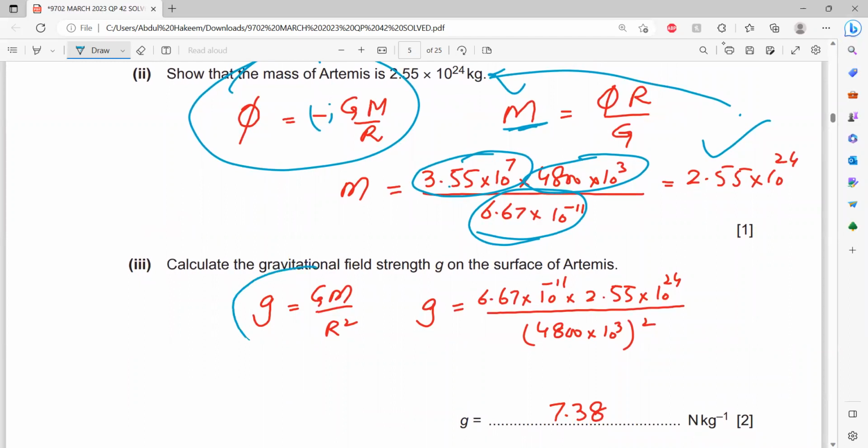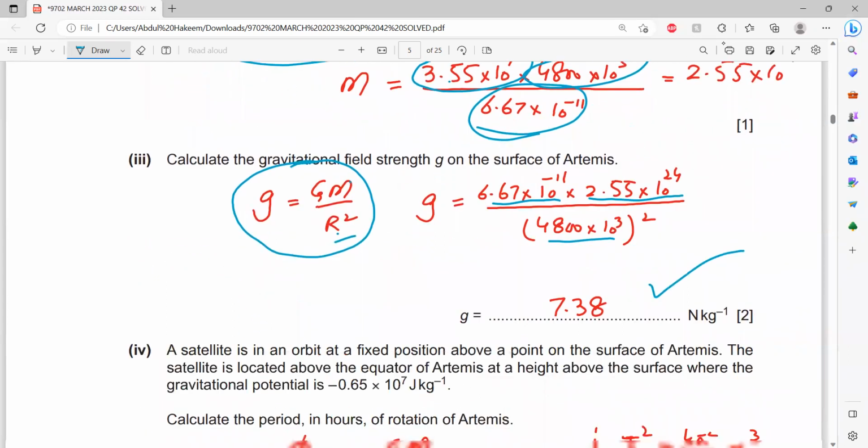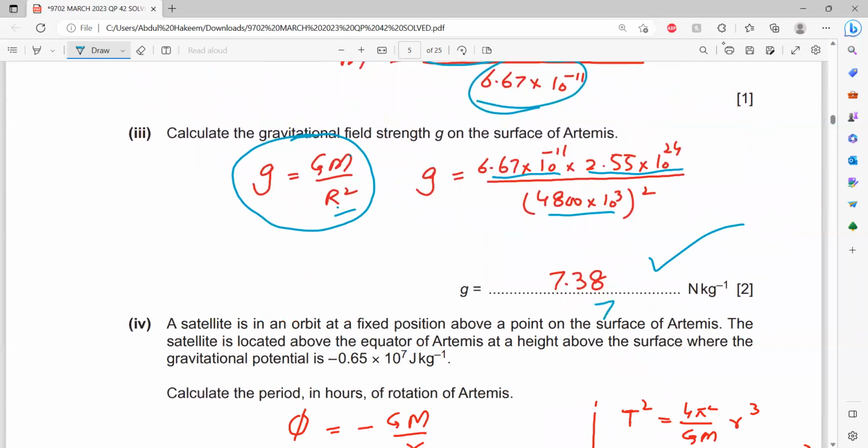The formula for small g at the surface is GM over r squared. For the mass, we have calculated it for Artemis, and the radius in meters is 4,800 times 10 to the power 3, squared. So you will get the value of g, 7.38, or you can write 7.4. Both are acceptable.